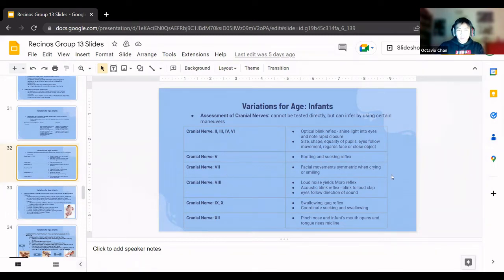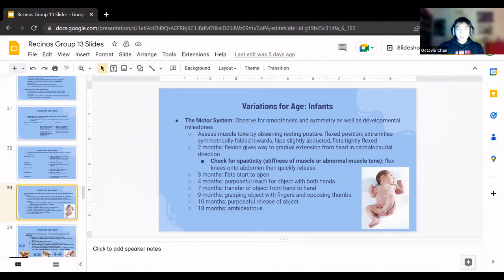For cranial nerve 7, you can note whether facial movements are symmetric. For cranial nerve 8, you can test it using the Moro reflex or the acoustic blink reflex. For cranial nerves 9 and 10, you can use the swallowing and gag reflex. And for cranial nerve 12, you can pinch the infant's nose and see whether their tongue rises midline.